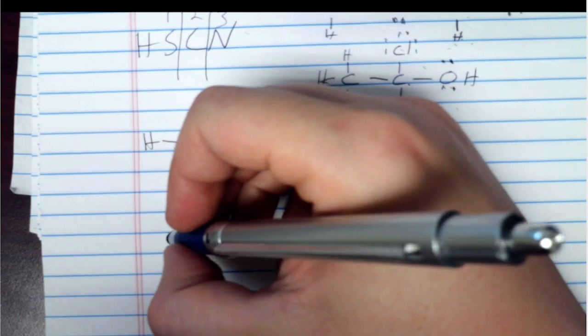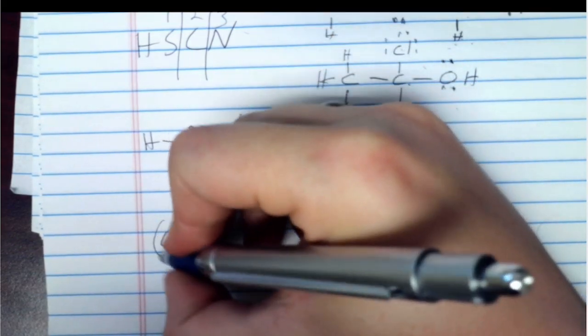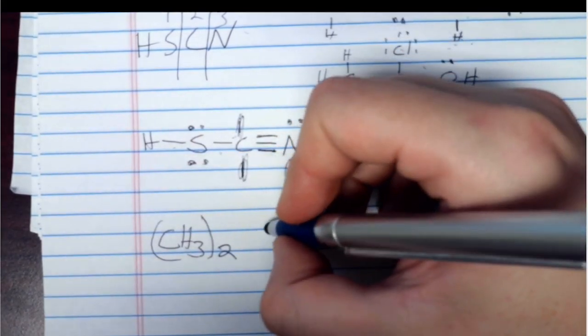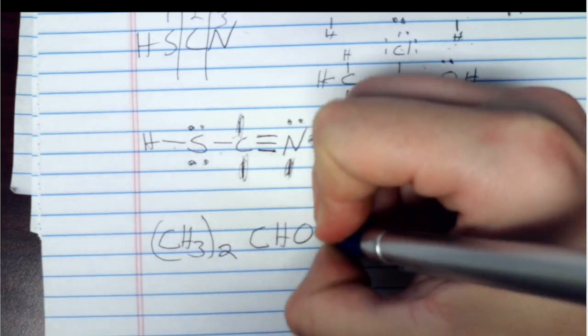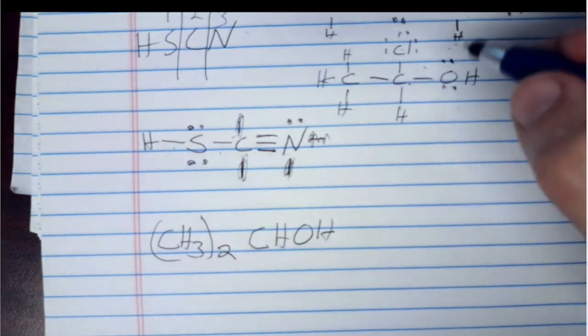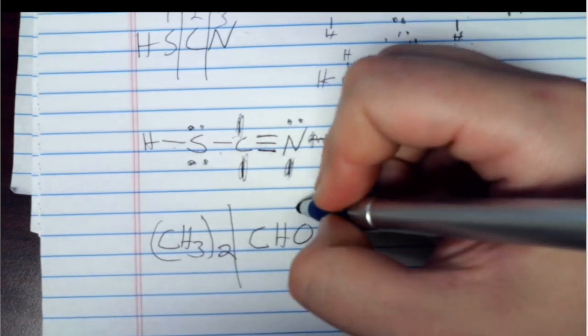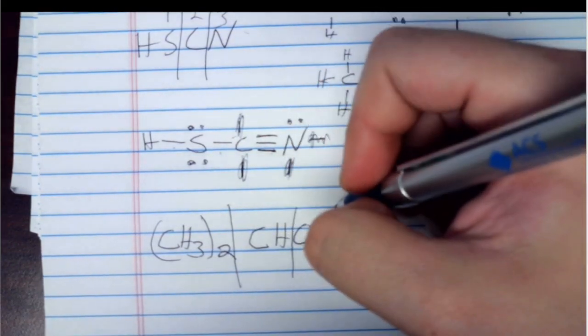So let's see. What do we do if we have something like this? Okay, well, let's break this down. What does this mean? I can start my numbering from either side.